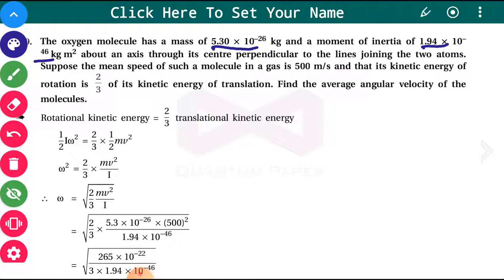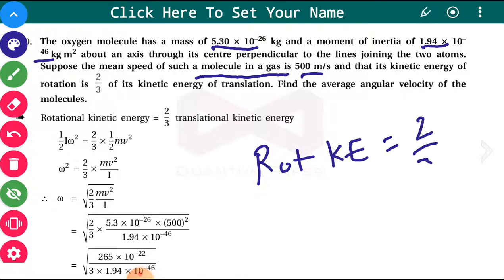Suppose the mean speed of such a molecule in the gas is 500 meter per second, and its rotational kinetic energy is 2/3 times the translational kinetic energy. Find the average angular velocity of its molecule.